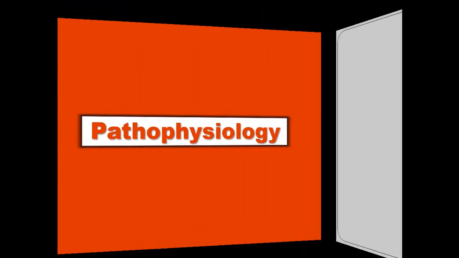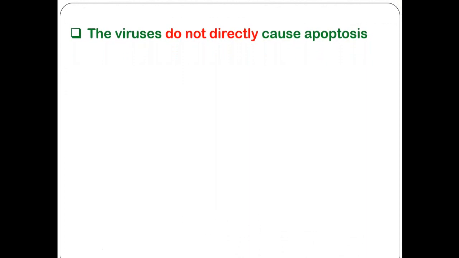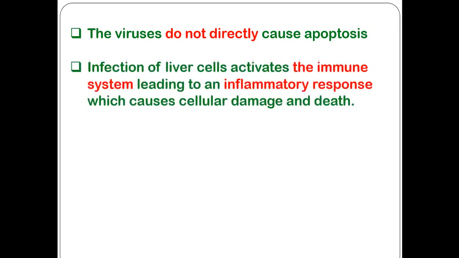Now we will discuss the pathophysiology of viral hepatitis in general. These viruses do not directly cause apoptosis or cell damage, and the infection of the liver activates the innate and adaptive arms of the immune system, leading to an inflammatory response which causes cellular damage and death.